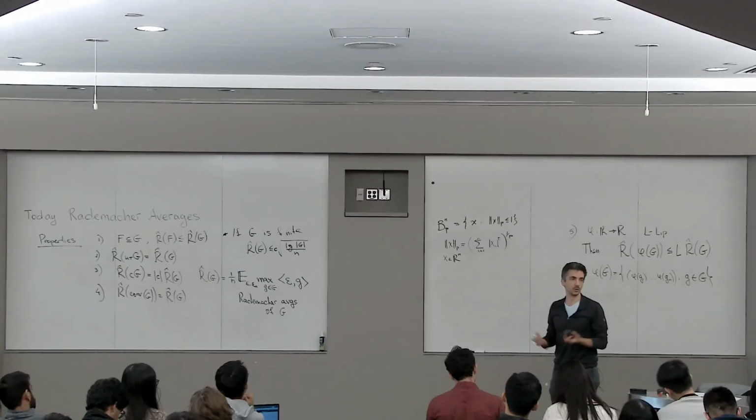So, how many of you know what a dual norm is? Maybe half of the class. Okay, so a dual norm: let's say you have some norm, then there's a dual norm to that norm. So what is the relationship between them?